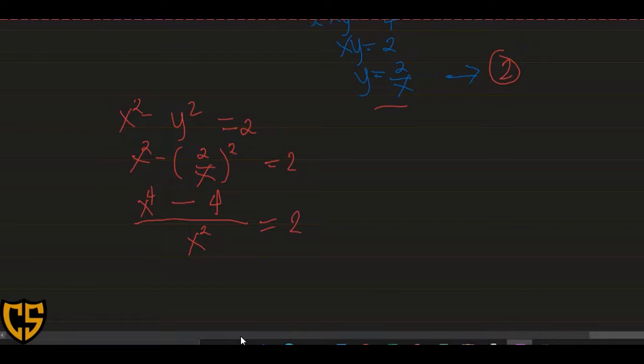Then we are going to simplify this one. Multiply natin ng x squared on the right side of the equation. The answer will be x to the fourth minus 4 is equal to 2x squared. So that is the answer.